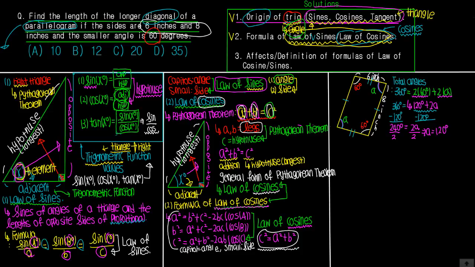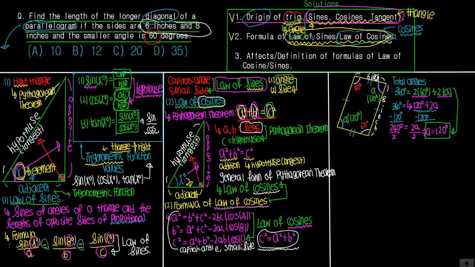Which means the other angle, except for the 60 degrees, will be 120 degrees. So our A value is 120 degrees, and here also 120 degrees. So these are all set up in order to apply our trigonometric function.